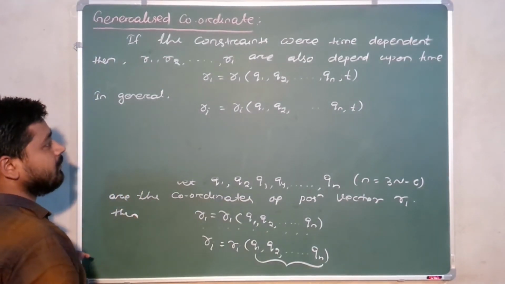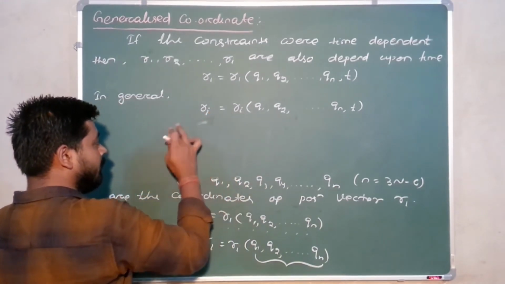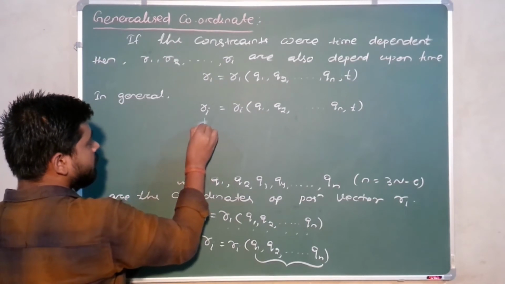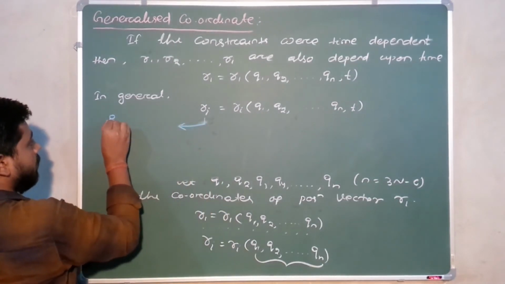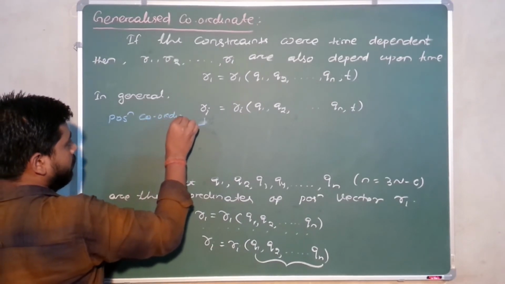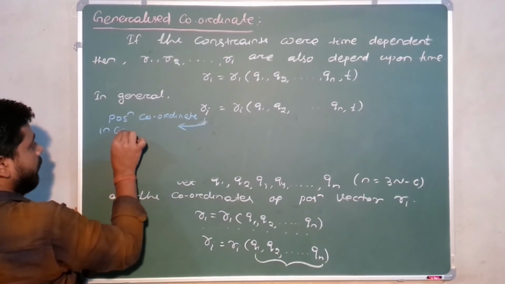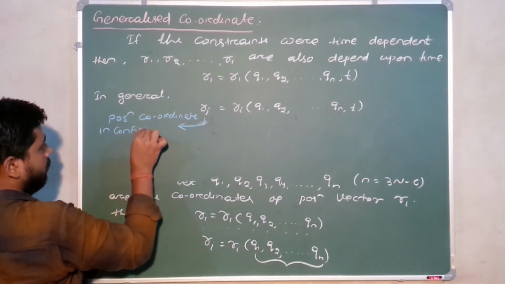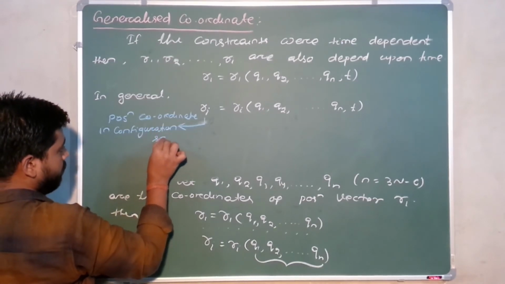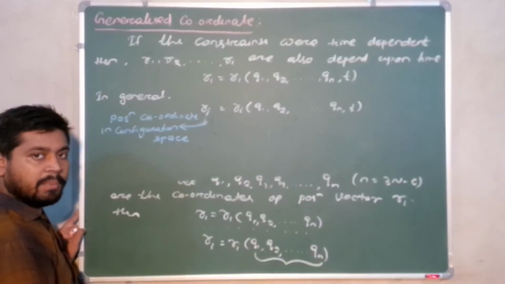Okay, just see. This is the position coordinate in configuration space. Yes or no? This ri is the position coordinate in configuration space.